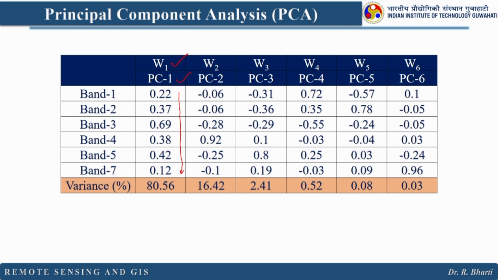You can see that different weightage is assigned to different bands. Somewhere it is negative, somewhere it is positive. The elements of this W are known as loadings. These loadings are nothing but the weightage assigned to individual bands.